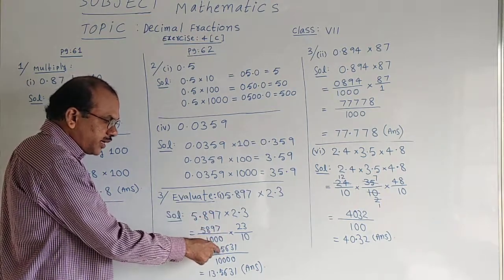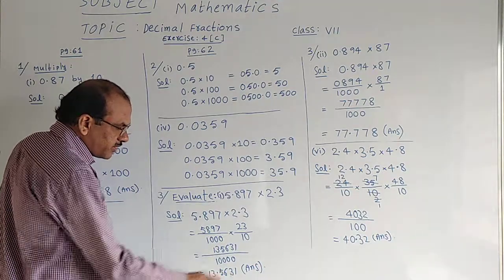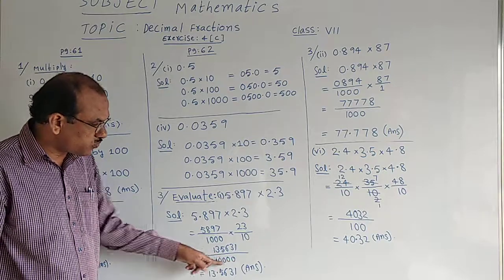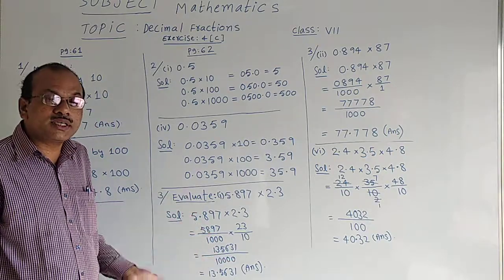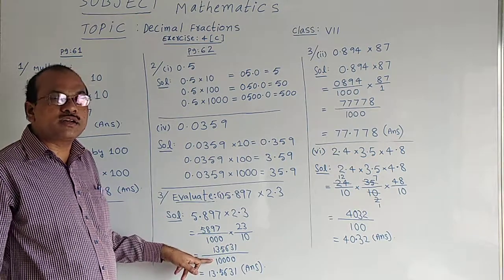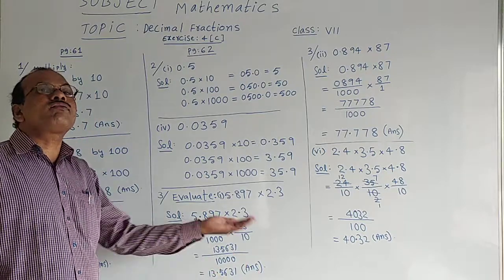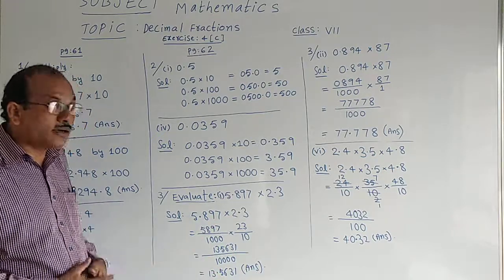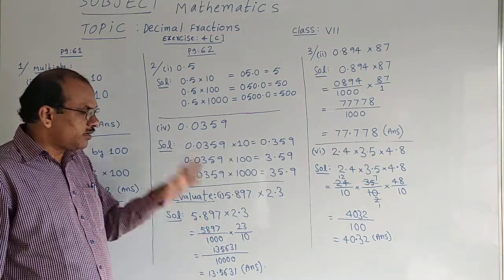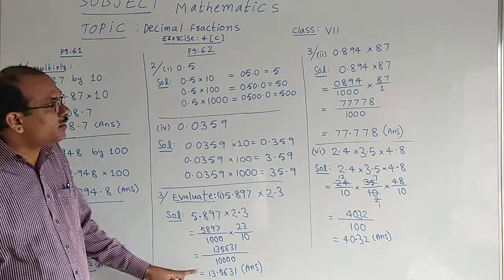After the fourth digit I have placed a point: 13.5631. After how many digits have I placed a point? After 4 digits. Why after 4 digits? Because there is a number in the denominator with 4 zeros. That's why I have selected the point after the 4 digits. That is 13.5631, the answer for us for this first bit in question 3.